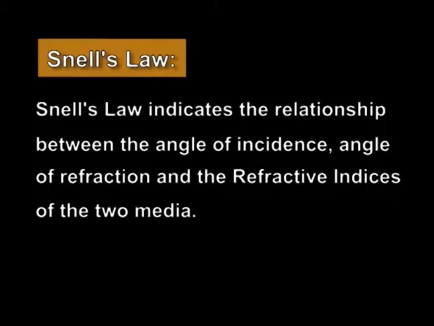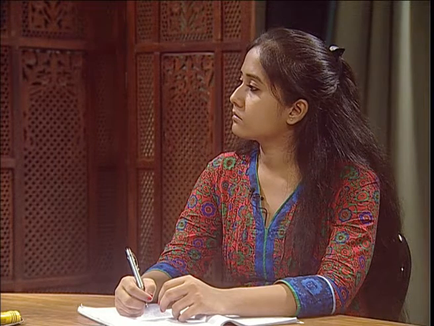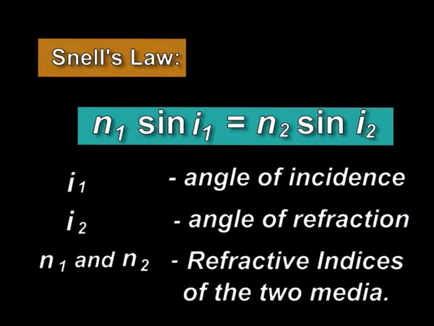Now Snell's law actually gives a very good idea of the refractive angle and the angle of incidence and how they are linked with the refractive indices of the two media. So let's take n1 to be the refractive index of the medium of incidence and i1 the angle of incidence, and similarly n2 the refractive index of the second medium, and i2 the angle of refraction.